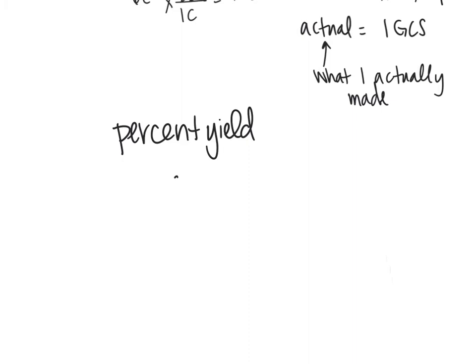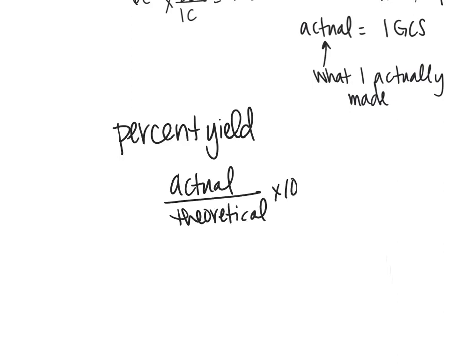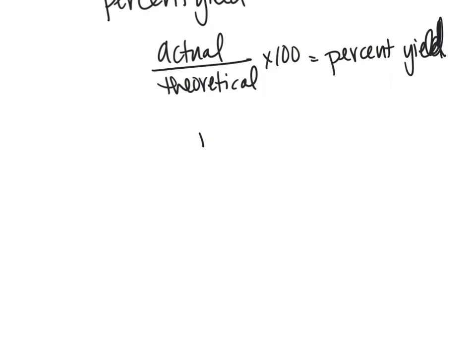And so the percent yield is the actual yield divided by the theoretical, multiplied by 100, and that gives you the percent yield. If we think about my grilled cheese sandwiches, I made 1 sandwich. I could have made up to 6.